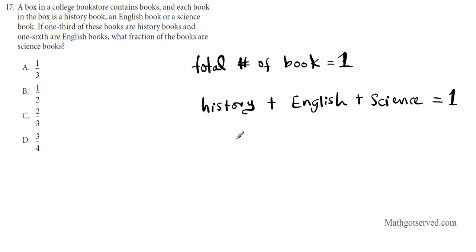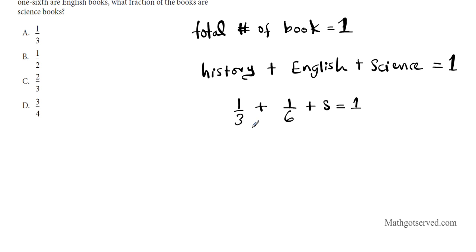okay? So history is 1/3. English is 1/6. Science, we have no idea, so let's call that S, and the total equals 1. So if I can get S by itself, that tells me what fraction of the whole pie is science, okay? Now let's go ahead and solve this. To add these two fractions, the denominators are not common, so we need to make them common. To do that, we need to find the LCD of 3 and 6.